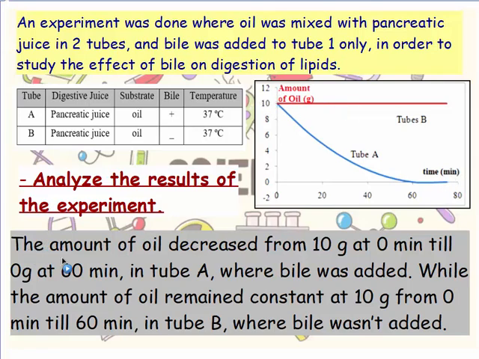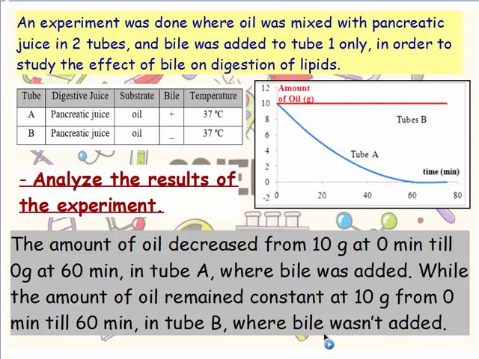We say the amount of oil decreased from 10 grams at 0 minutes till 0 grams at 60 minutes in tube A, where bile was added. We have to mention the manipulated factor here. We have to say that in tube A there is bile, while is a very important word here because we are comparing. The amount of oil remained constant at 10 grams from 0 minutes till 60 minutes, where bile wasn't added.